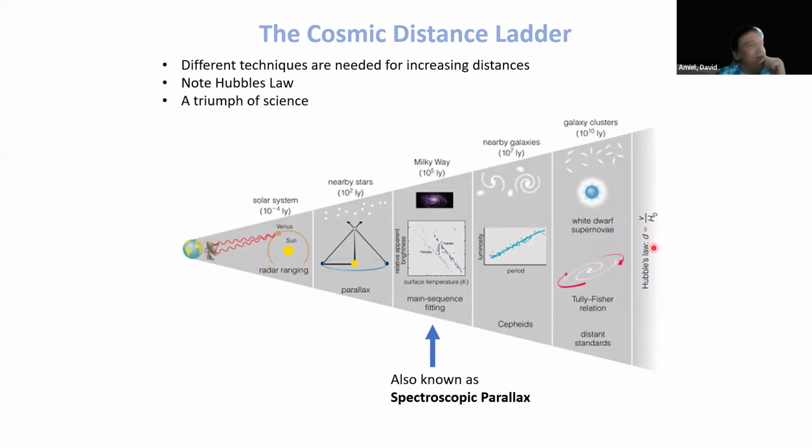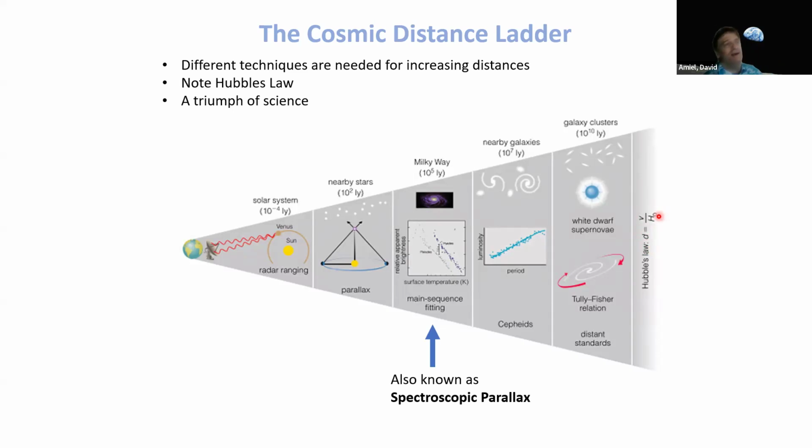And right at the end, we see Hubble's law, that the distance to the object is equal to the speed, V stands for velocity, the speed that the object is receding away from us in an expanding universe, divided by this parameter here, H naught, which is known as the Hubble constant.